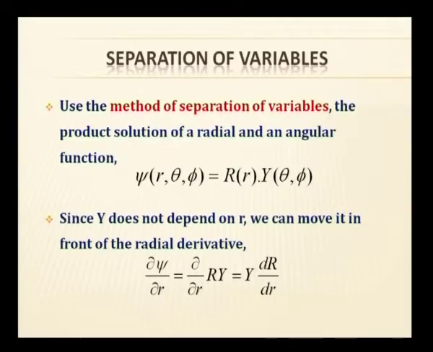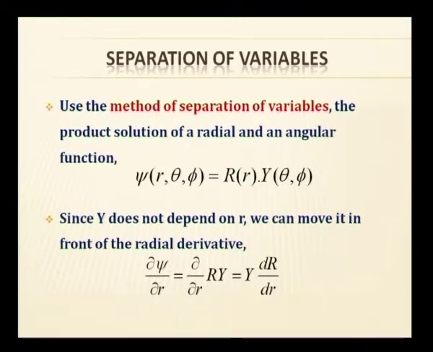Since the angular part has nothing to do with the radial part, or Y does not depend upon r, we can move it in front of the radial derivative. Therefore, you can write dou psi by dou r as dou by dou r of R into Y. Y does not depend upon r.